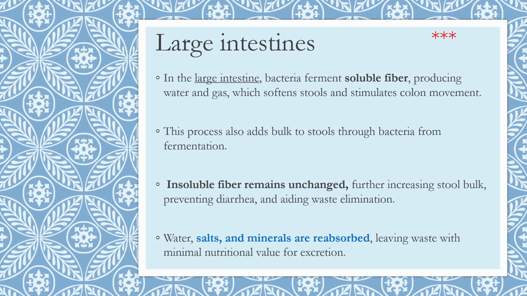The large intestine is full of bacteria which help ferment soluble fiber, producing water and gas which softens stools and stimulates colon movement, helping move fecal matter through to be eliminated through the rectum.